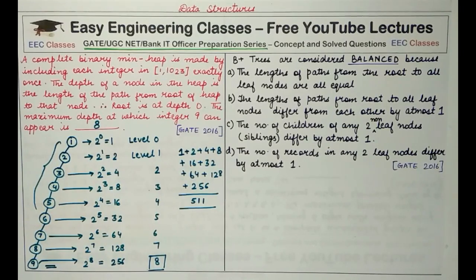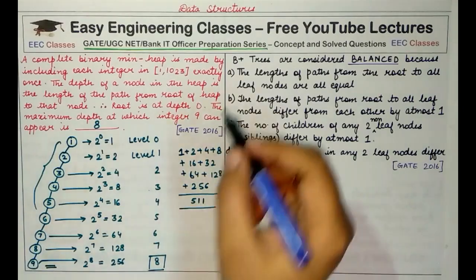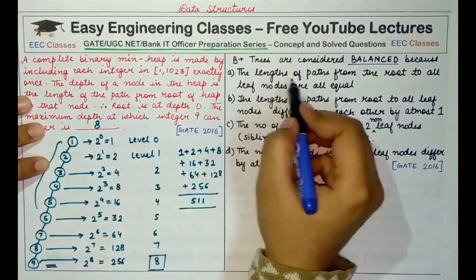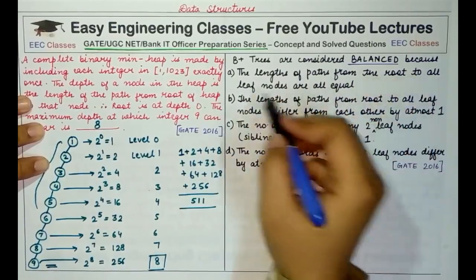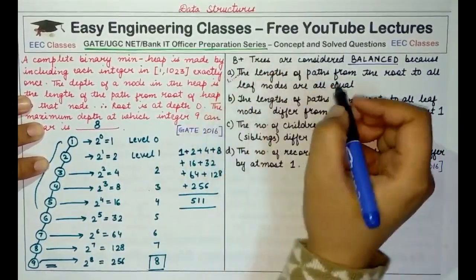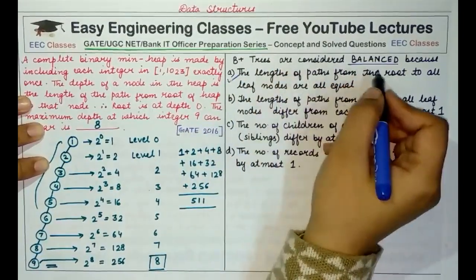That means all the leaves are at equal lengths from the root. Reading all these options, we clearly know that the lengths of paths from the root to all the leaf nodes are all equal is the correct reason for B plus trees being balanced.